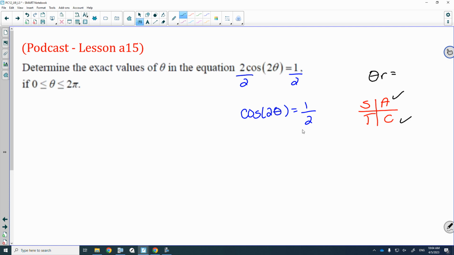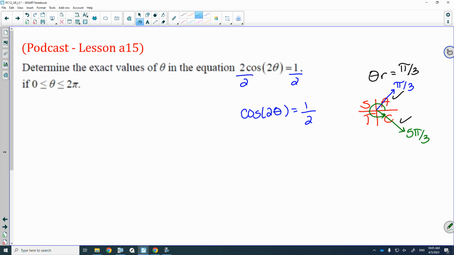Pi over 3, yep. So pi over 3 is my reference angle. So it was 60 degrees. So here, that angle in standard position is pi over 3. The one down here, the angle in standard position, where x is 1/2, is 5 pi over 3.